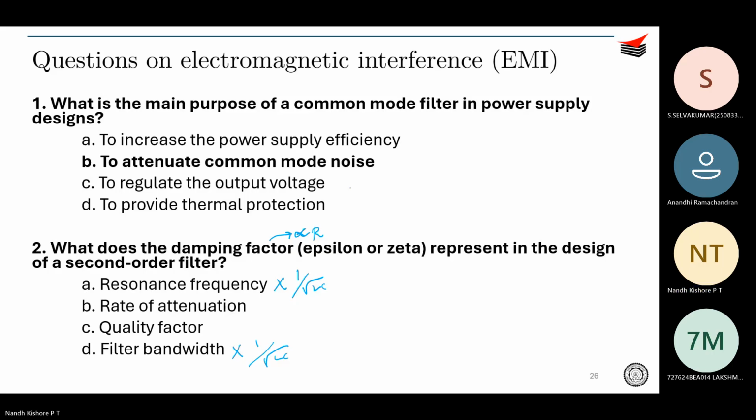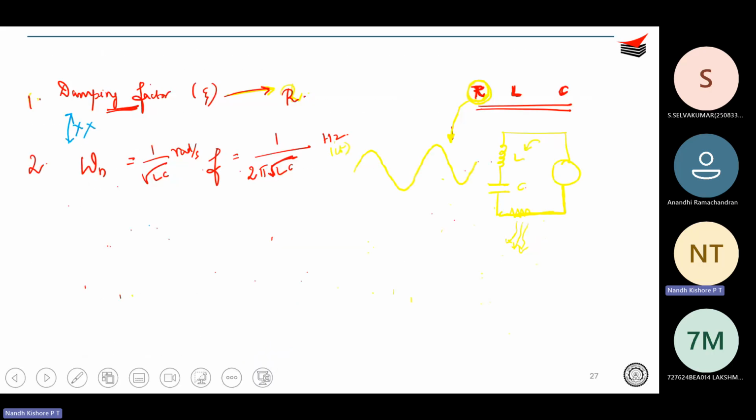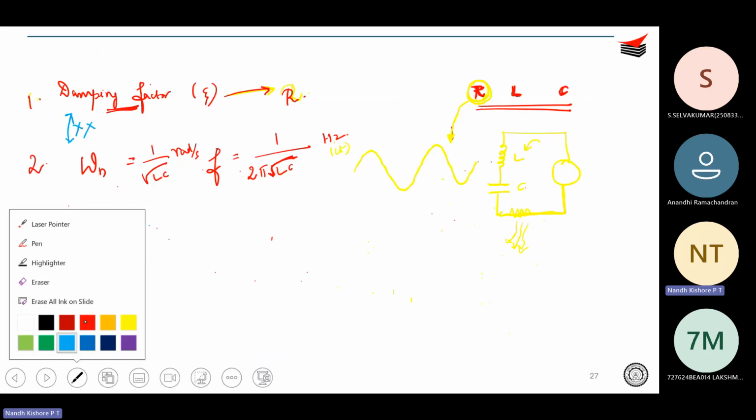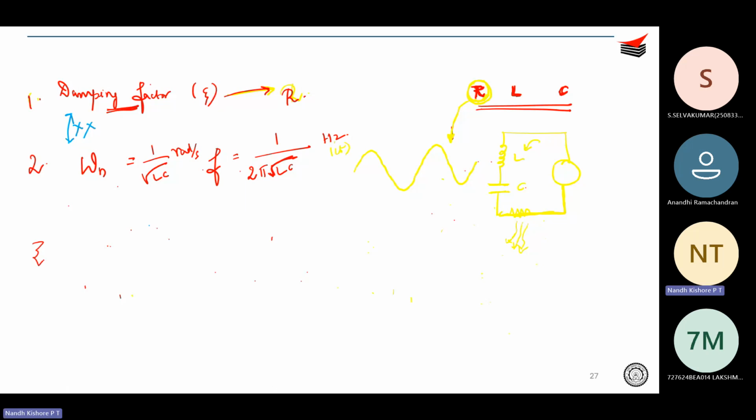Okay, let's try to recollect your control systems concepts. For a second order system, Y(s) by U(s) is some K times a numerator term divided by s square plus 2 epsilon omega n s plus omega n square.